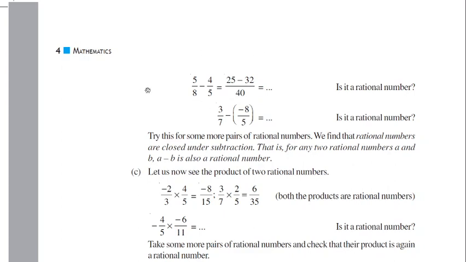Remember, whenever you are doing plus or minus between rational numbers, you have to calculate the LCM of the denominators. If addition or subtraction has been given, you have to first calculate the LCM, and after that you can calculate the answer.